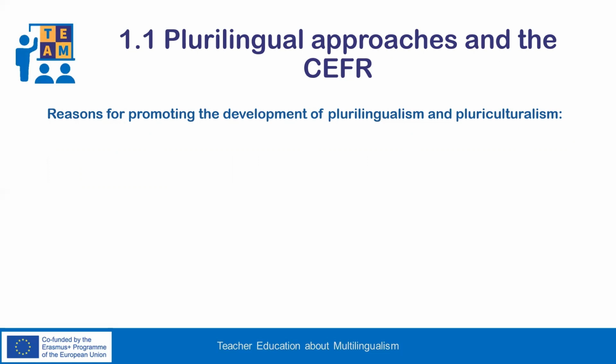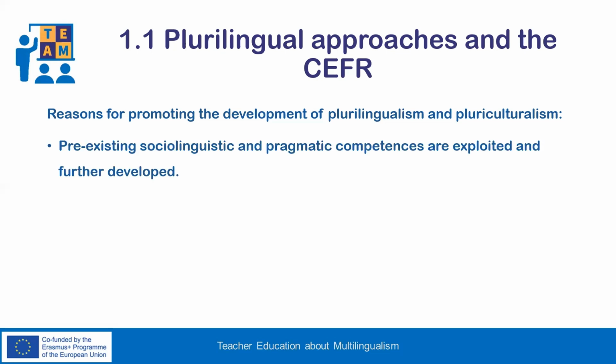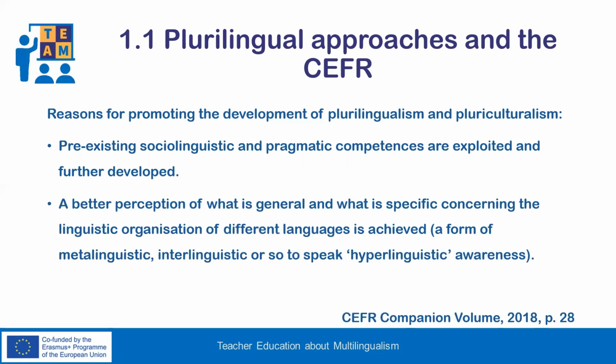Having briefly defined what plurilingualism is and what it involves, it is necessary to consider why it matters. What are the reasons for promoting it? Pre-existing sociolinguistic and pragmatic competencies are exploited and further developed.